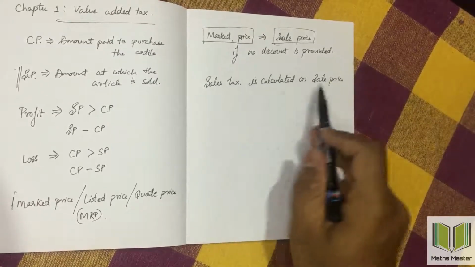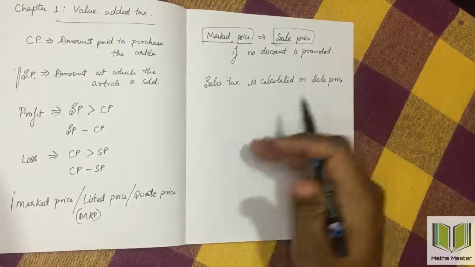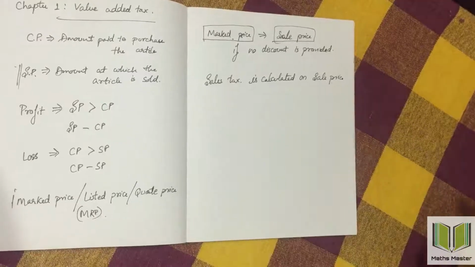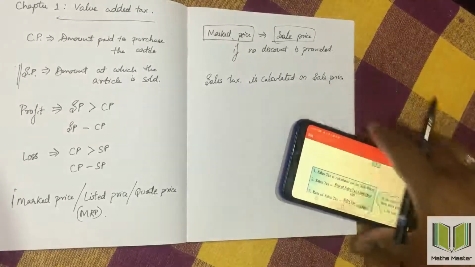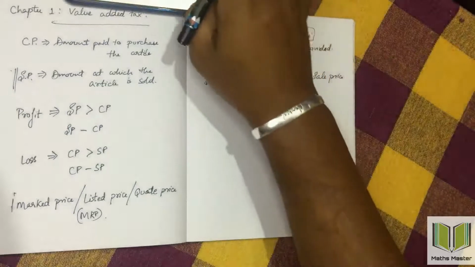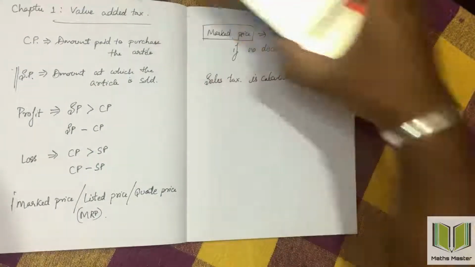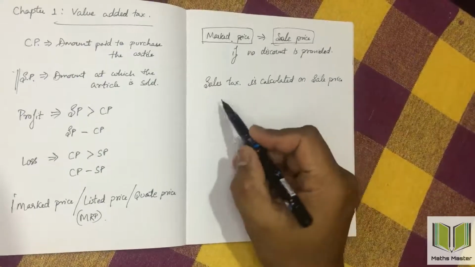Sales tax is always calculated on sale price. Now how is it calculated? Sales tax is equal to rate of tax, which we have over here. You'll be able to see it in the textbook.